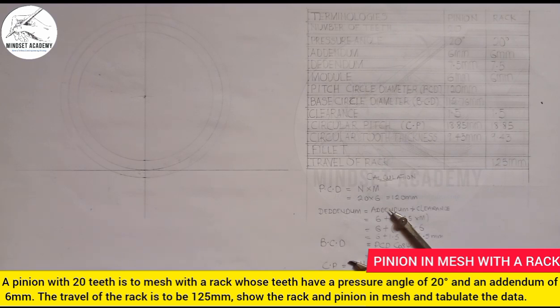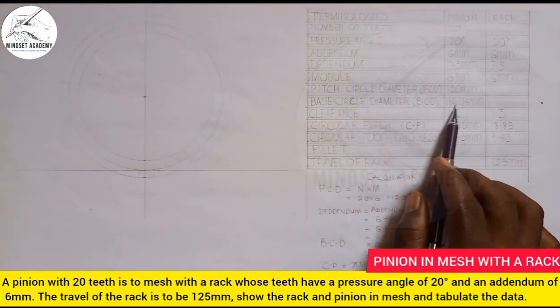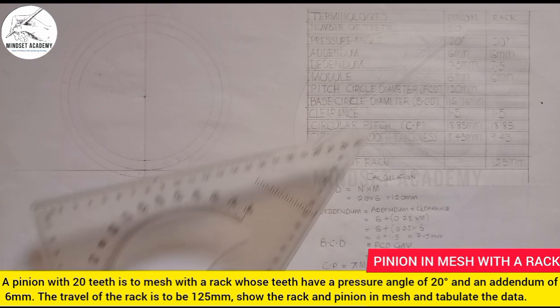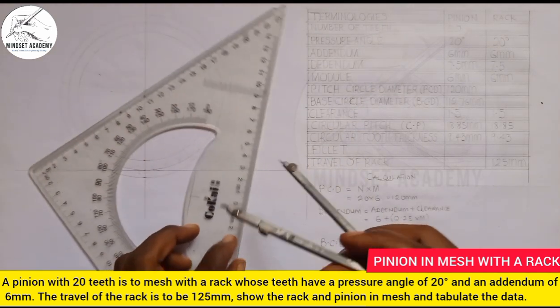Now the next thing is the base circle diameter. And the base circle diameter calculated is given to be 112.76, and half of it will give me 56.38. So I'll take my meter rule and measure 56.38 on my meter rule this way.